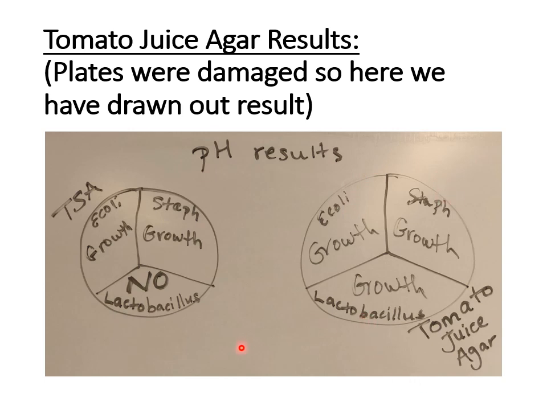On the TSA plate, I showed which bacteria grew, and when I wrote no in big letters, that meant that bacteria did not have growth on the TSA plate. So pay attention to where you see growth, where you don't, and how these 2 plates differ when you are analyzing in the post-lab assignment.